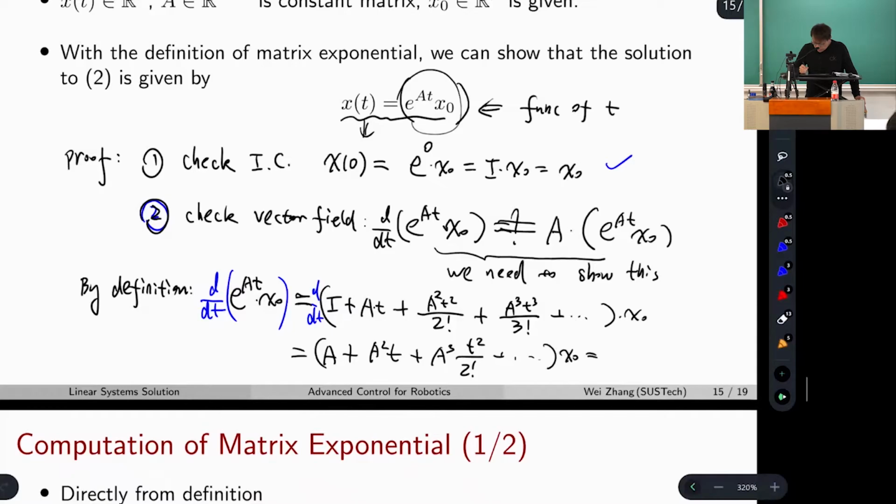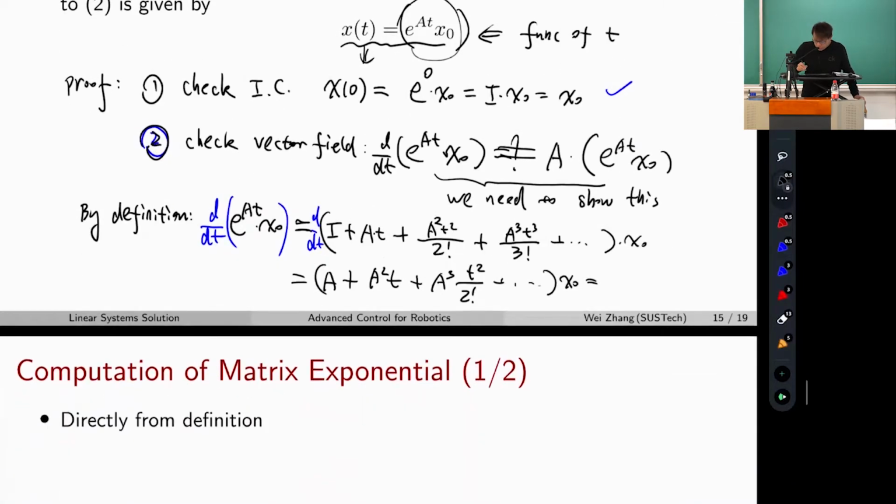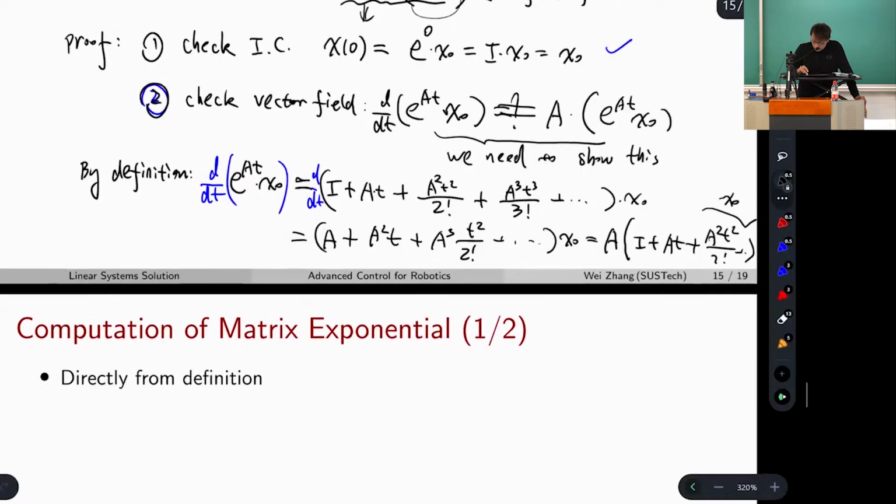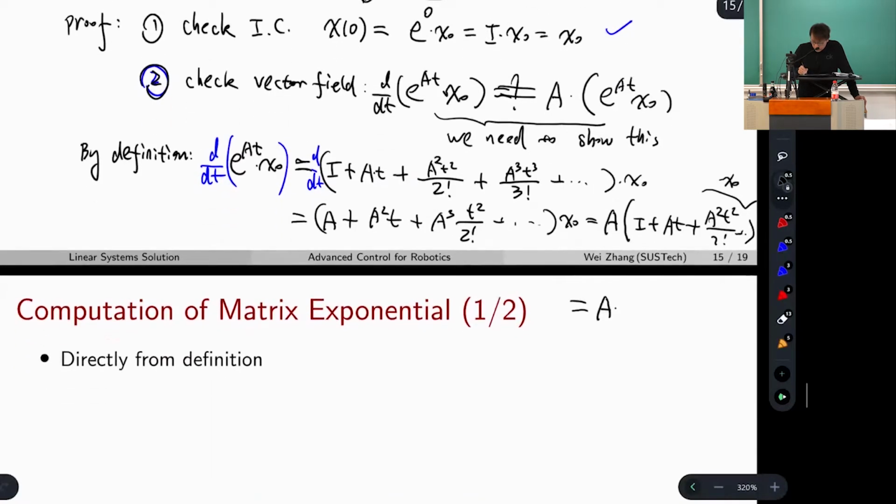You can summarize this with the following expression: A times identity plus At, and so on, with the power reduced by 1, so A squared t squared over 2 factorial times x0. Which equals A times e to the At times x0.